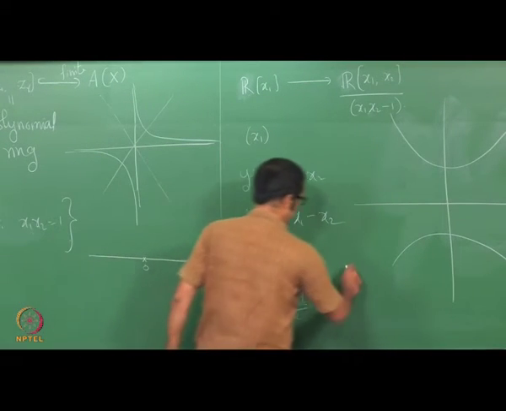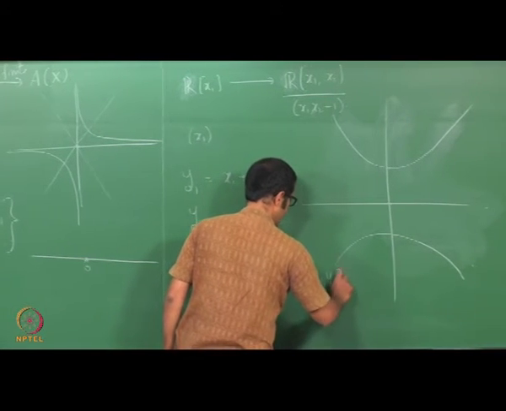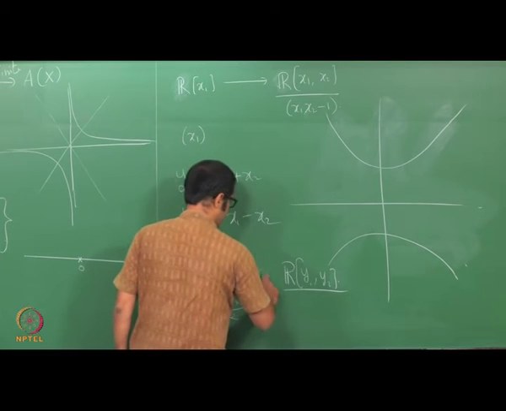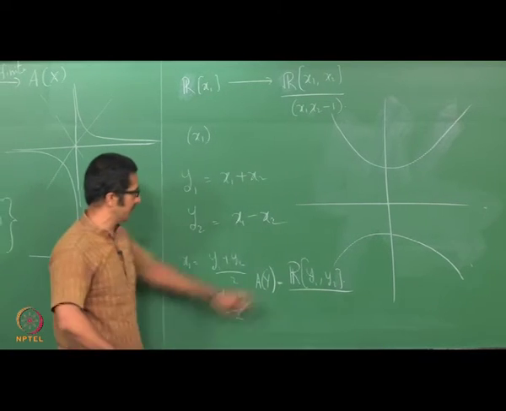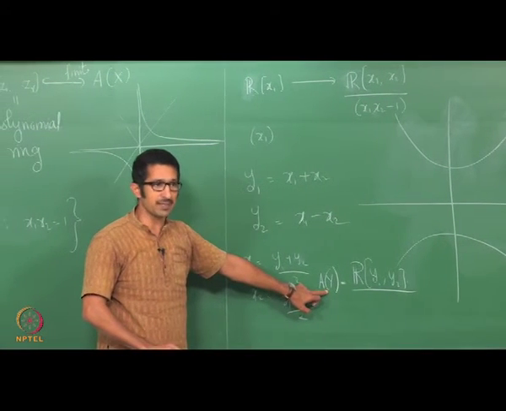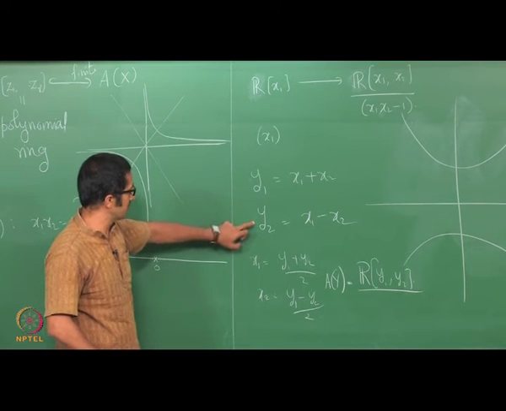So, we are now in R y1 y2, and let us call the new variety A of y. The coordinate ring of A of y becomes k[y1, y2].